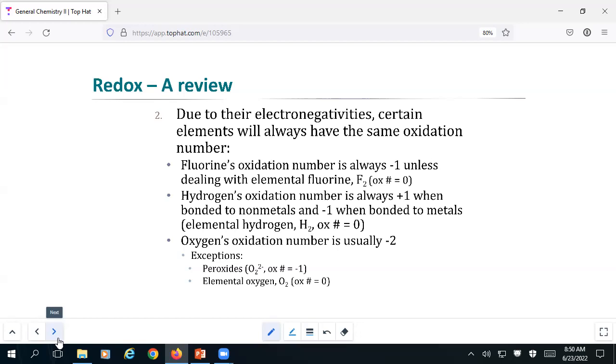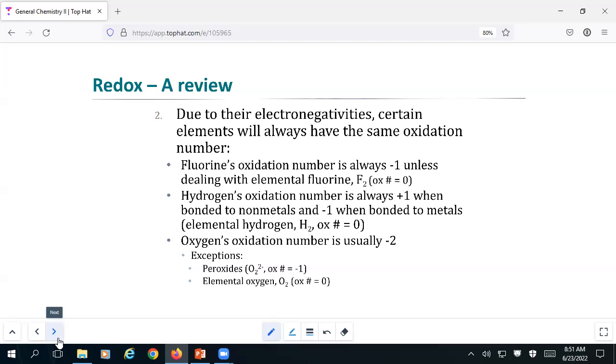Hydrogen really only has 3 possible oxidation states. When it's in its elemental state, it's 0. When it's bonded with nonmetals, it's +1. When it's bonded with metals, it's -1. Basically, its behavior, because of where it is on the periodic table, because it is listed with the alkali metals, means it does possess certain metal-like properties, like having a positive charge.